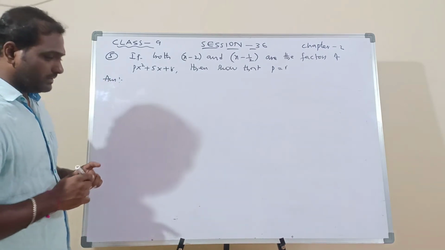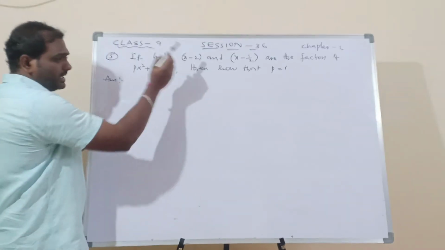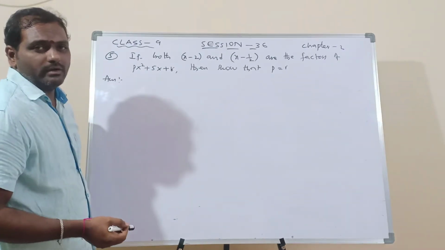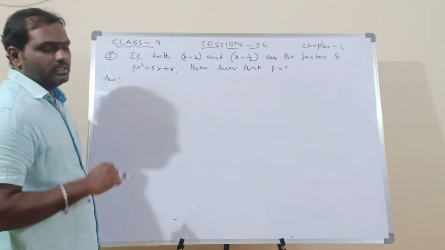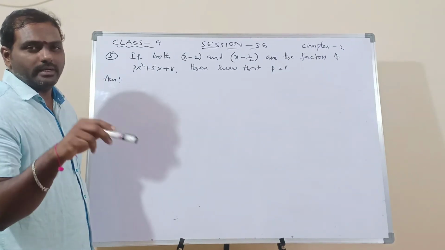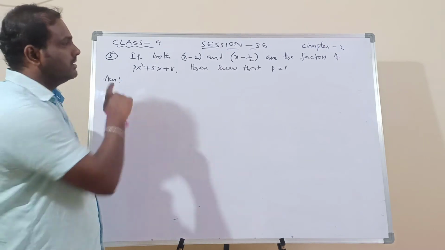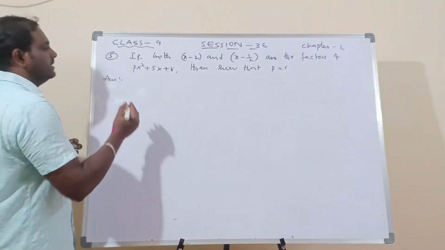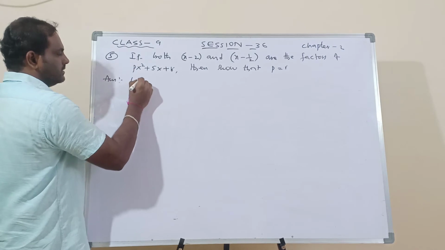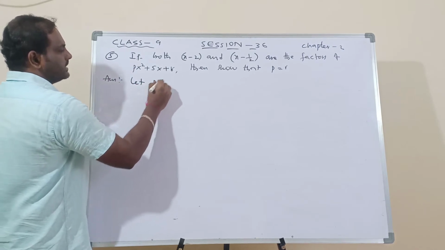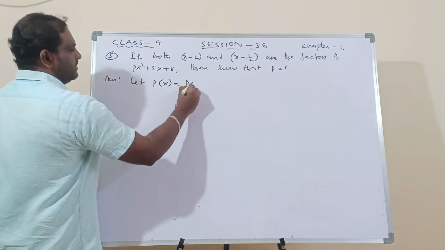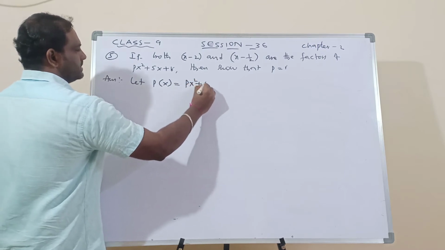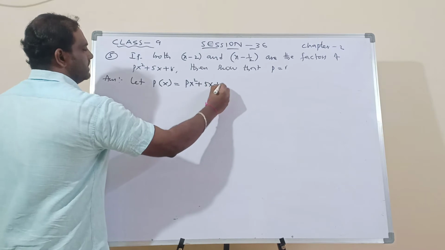So first, x minus 2 means what we have to find? P of 2. And in this case x minus 1 by 2, what we have to find? P of 1 by 2. We have to equate them because both are factors. Okay. So let p of x be equal to px square plus 5x plus r.